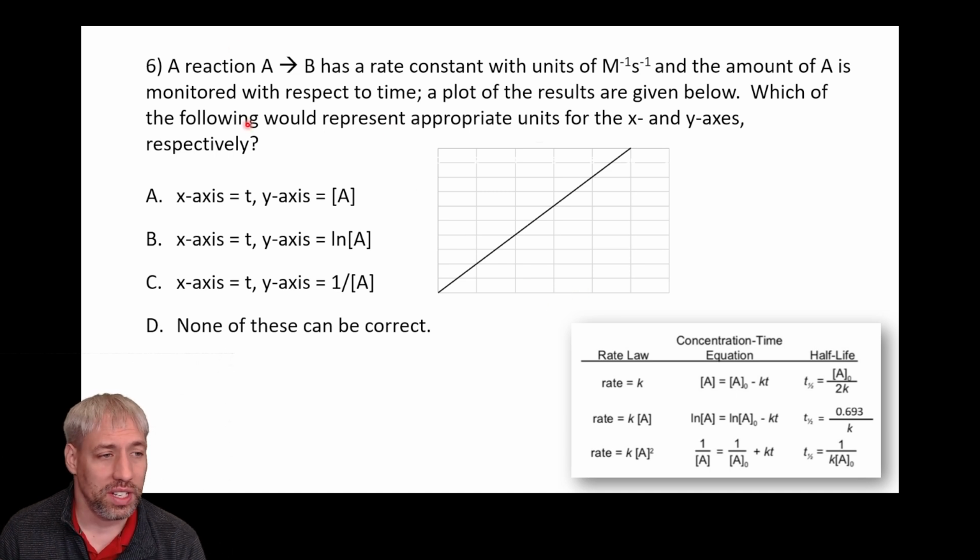But there is information here that helps us figure that out. We basically want to figure out which one of these concentration time equations, y equals mx plus b, applies. If we know that, we can figure out what the x-axis and y-axis are. Spoiler, the x-axis is always going to be t, so we need to figure out what the y-axis is. And so options A, B, and C are still reasonable. We have to figure out what the y-axis is going to say.